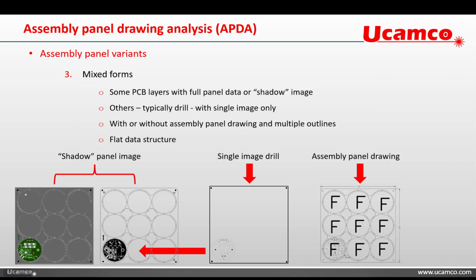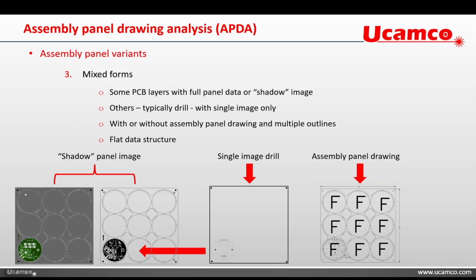But also part of the PCB layer is like a shadow outline of where the other images in the assembly panel are going to come. So it's a bit of both. It's not truly a single image, and it's not really repeated either. It's a mix of the two.